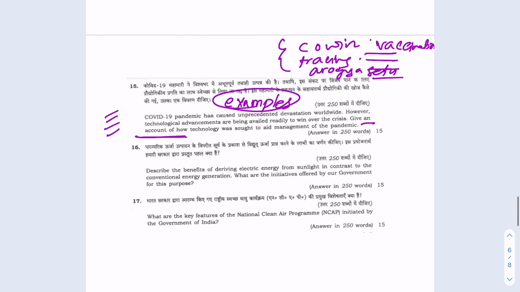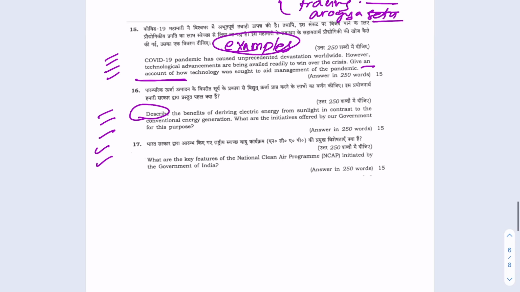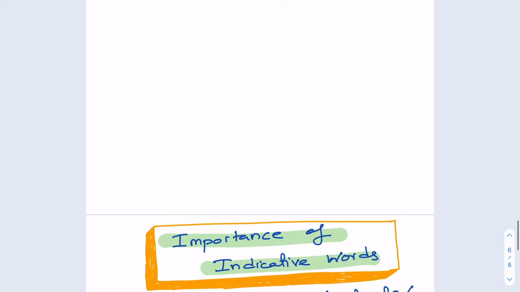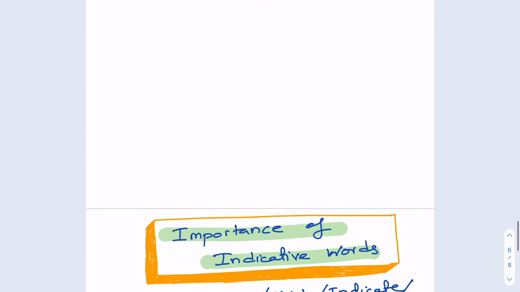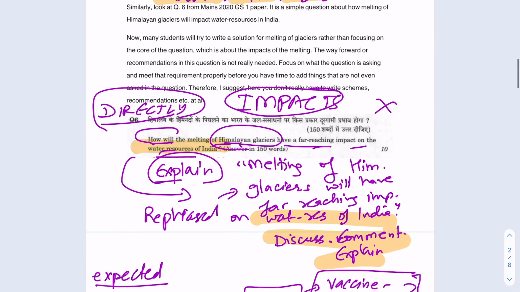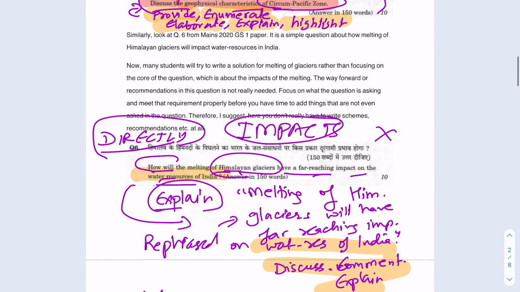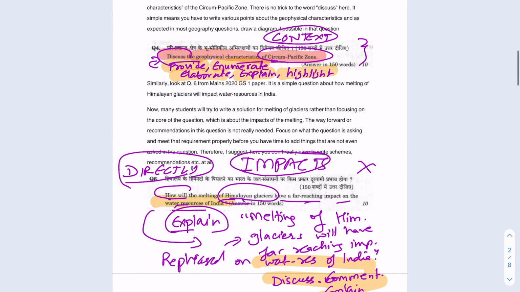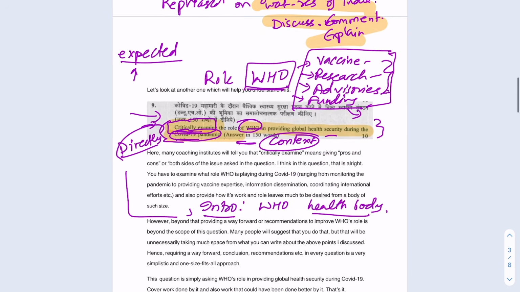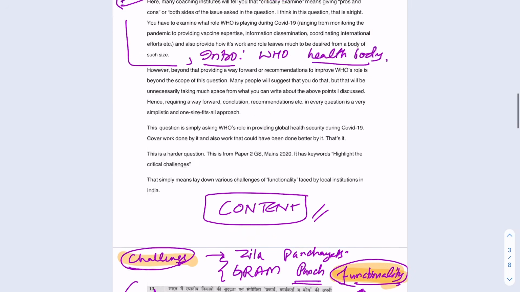Then after that, describe. Again, what does describe mean? It means just to give an account or to give points. Okay, so like this, it is not a very big mystery how you have to understand these keywords. In this PDF that I have shared in my YouTube description, I'm giving you more details by writing exactly what these keywords mean.